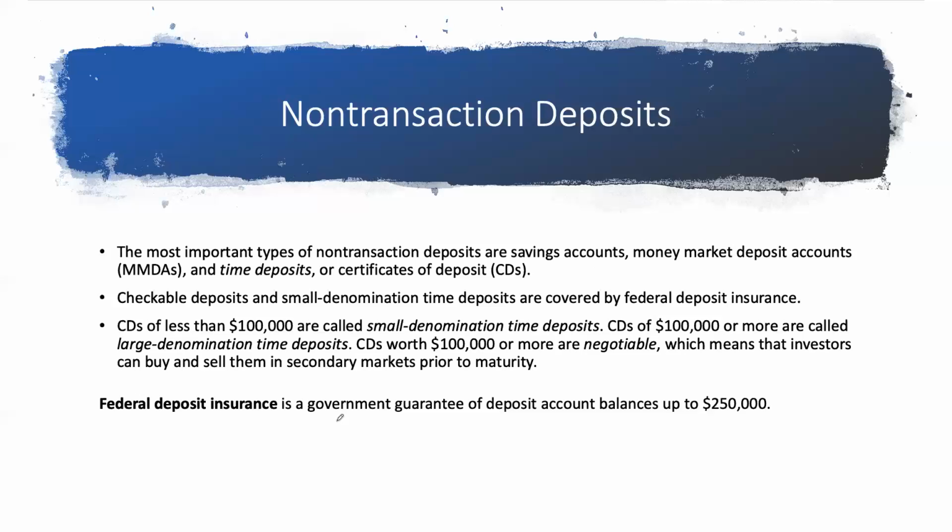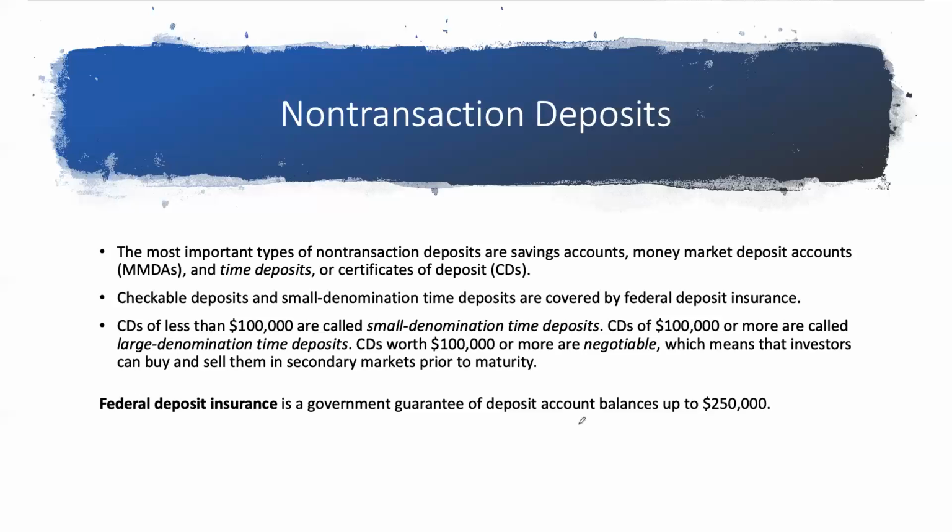So the Federal Deposit Insurance is a guarantee that up to $250,000 of cash is completely redeemable, in the sense that if you hold anything under $250,000 in a checking account or a savings account or a small denomination savings account, if the bank goes under, there's a government insurance program where the government steps in and makes those depositors whole, and you don't lose any of that money.